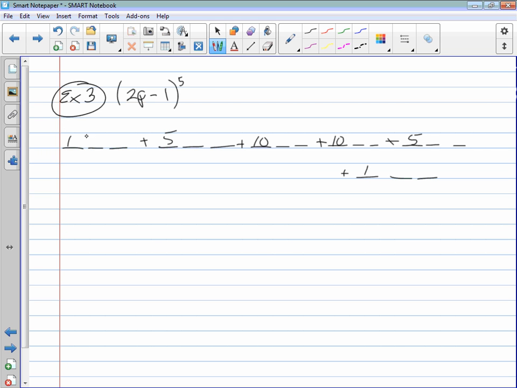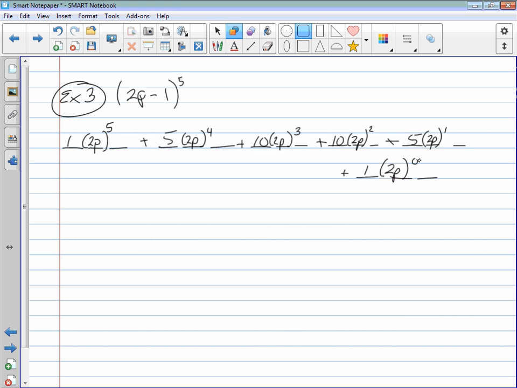So what I need to do is make sure I use parentheses: (2p) to the 5th, (2p) to the 4th, and so on. If you want, put (2p) to the 0 power. All I did was march down my exponents from 5 down to nothing.